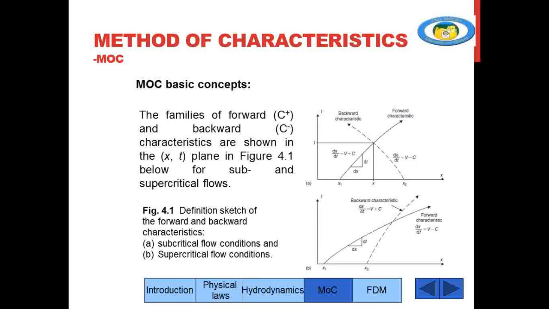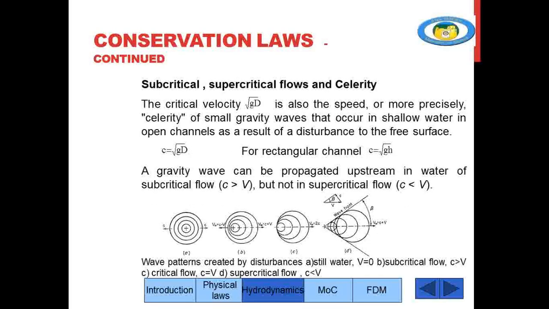Remember, earlier we said that a small disturbance in shallow water in an open channel would traverse in static water in both directions with a speed of c, which we typically call the celerity. Here, the velocity of flow is 0.